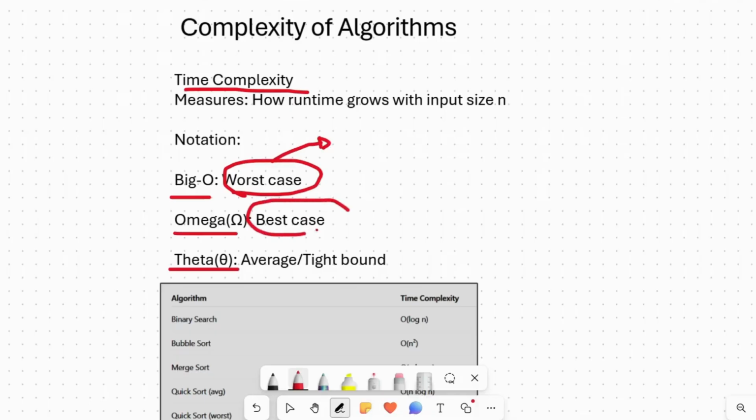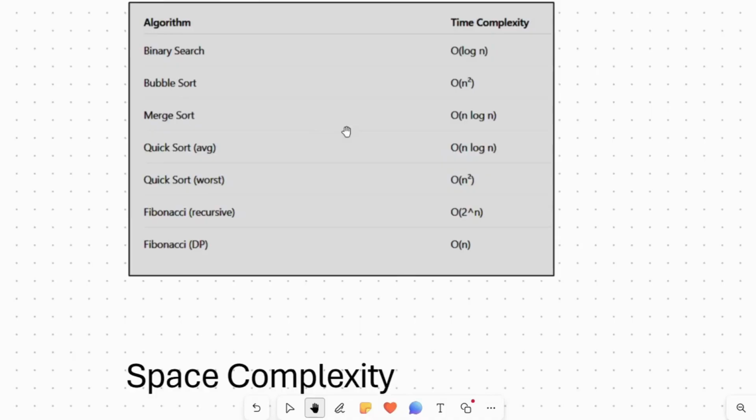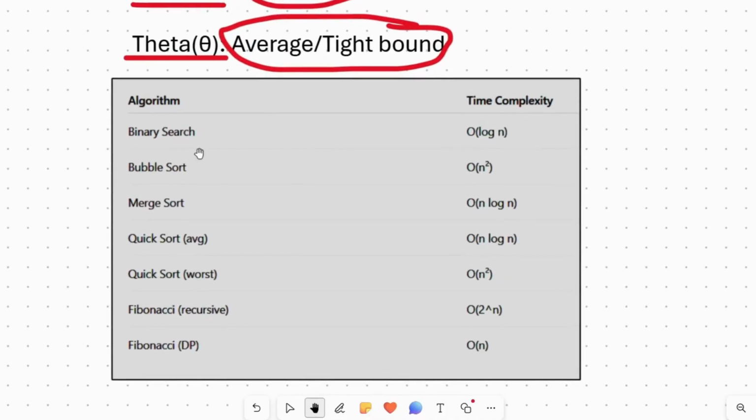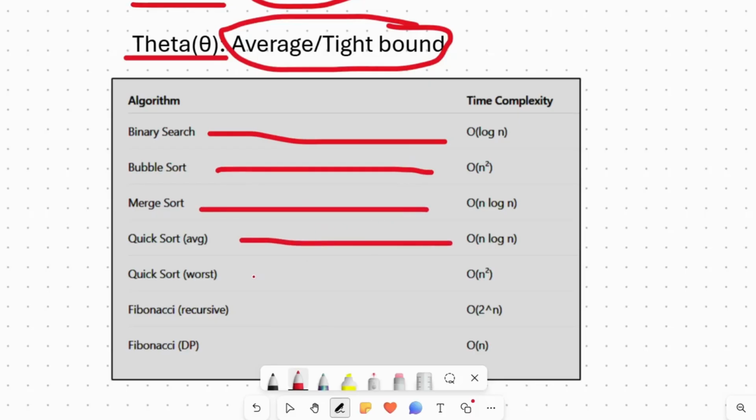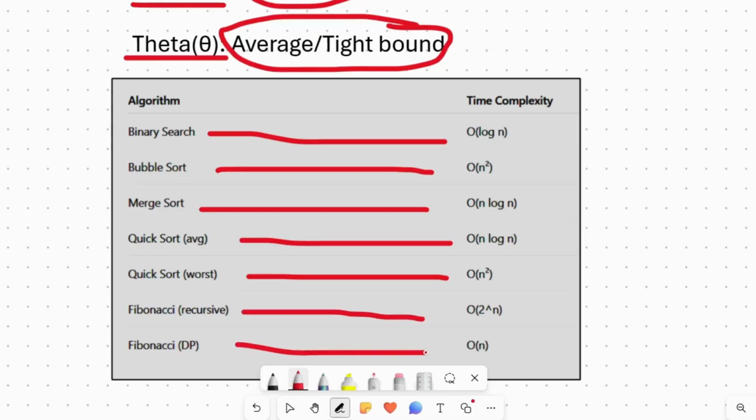Omega is the best case, and theta is the average, tight bound. So here are some algorithms and their time complexity: binary search is O of log n, bubble sort is O of n squared, merge sort, then quick sort in worst case, this is the average case, and recursive Fibonacci.